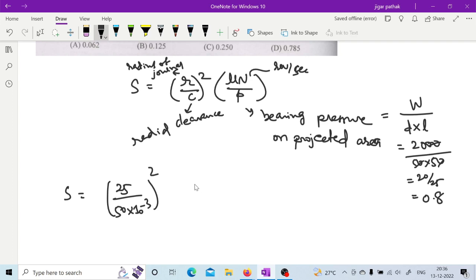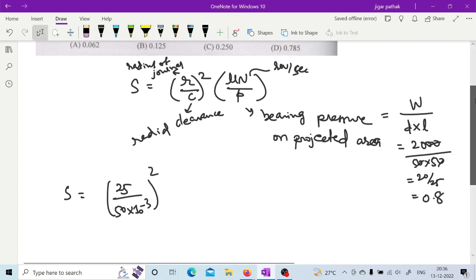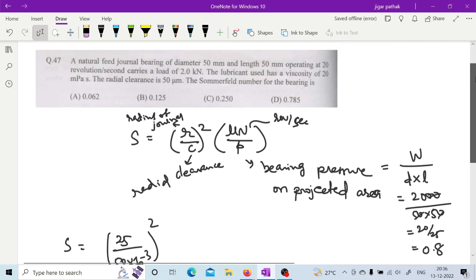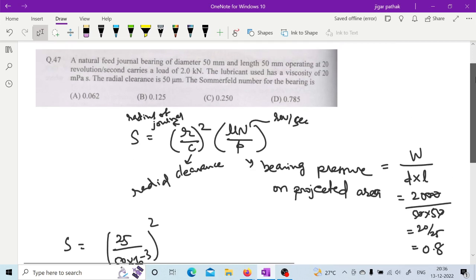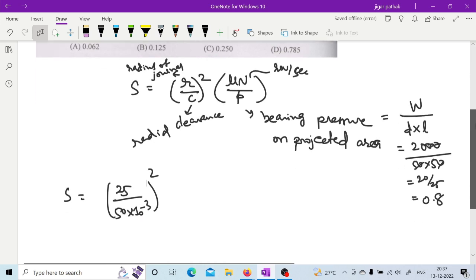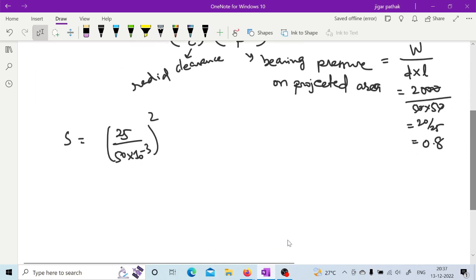Mu is given as 20 millipascal second, right? Mu is 20, n is 20 revolutions per second, and p we have calculated as 0.8.